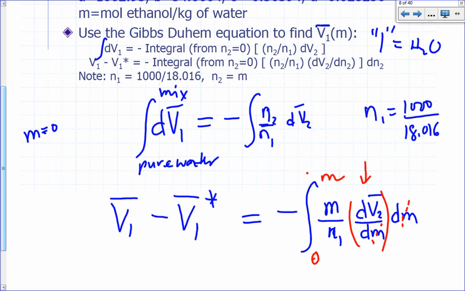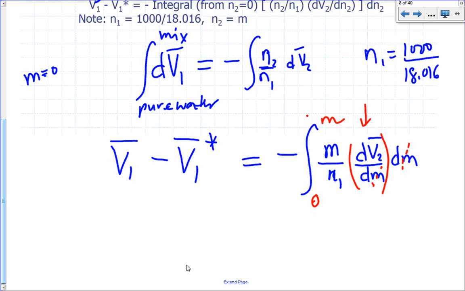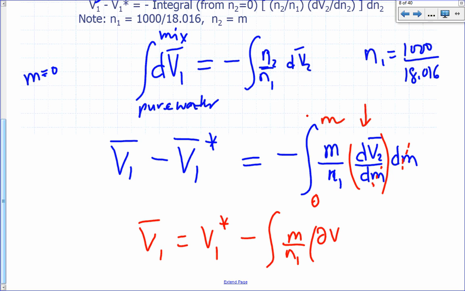So we can therefore calculate V1 bar as V1 star minus the integral of m over n1 times the partial molar volume of component 2 with respect to molality, from molality equals 0 to whatever molality you're interested in. Since molality is just a dummy variable, we can put an m prime there if you want.